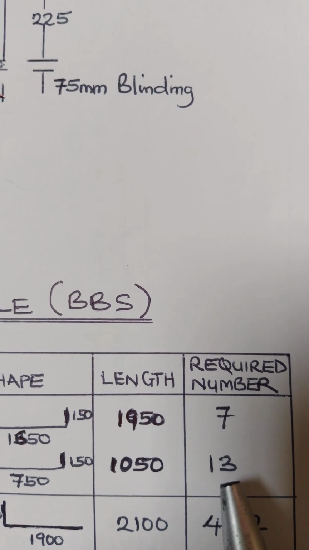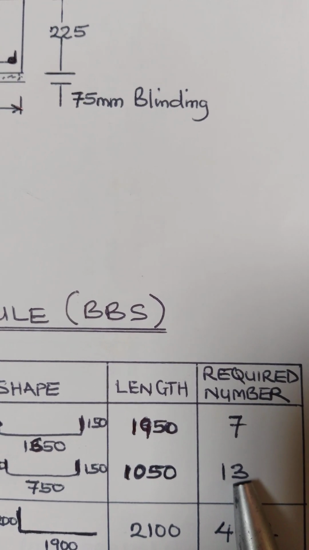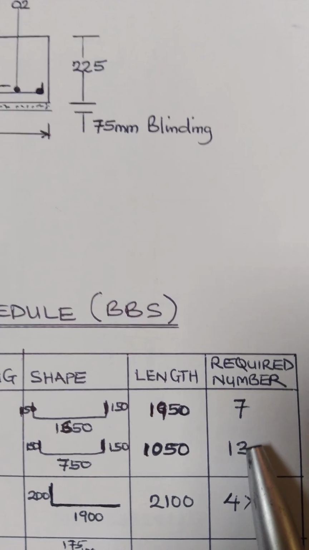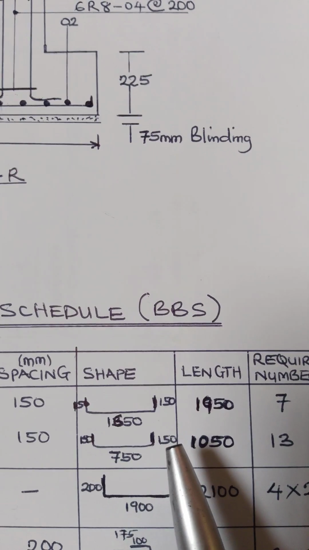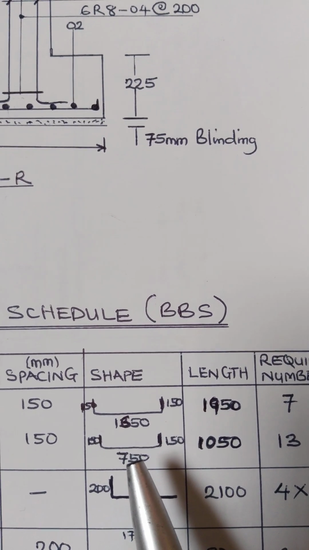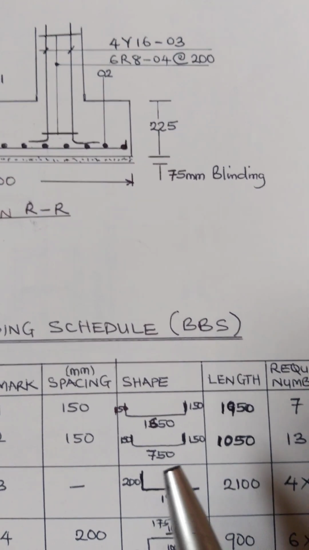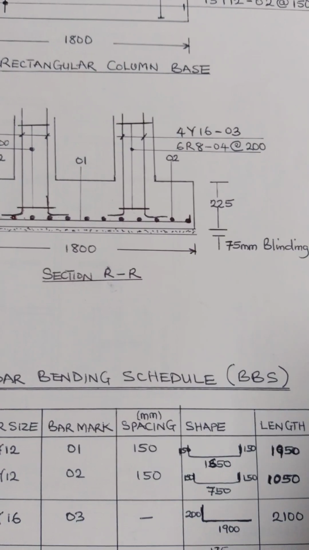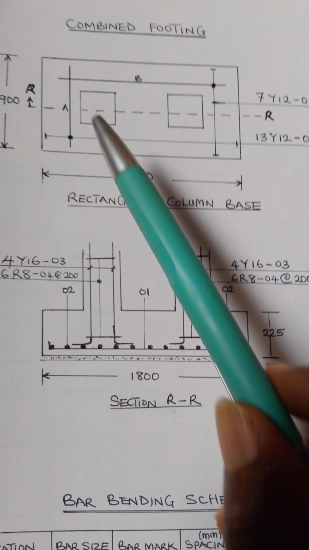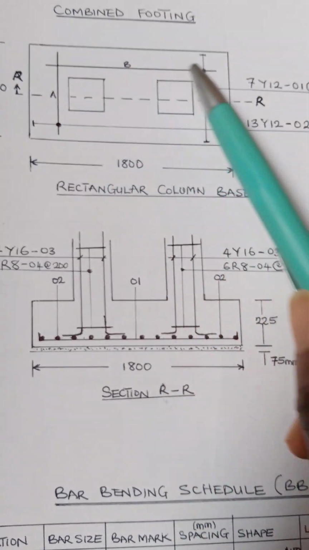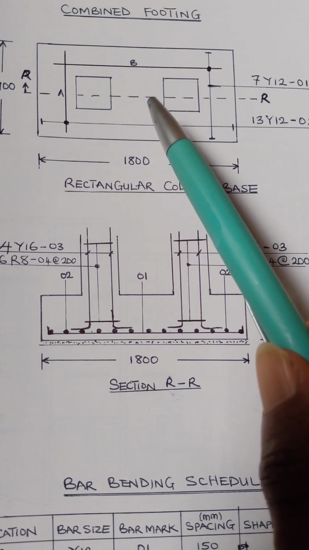Once this is cut and this bend is also done, it will now be left for assembling. So the assembling now shows the formation of this base.